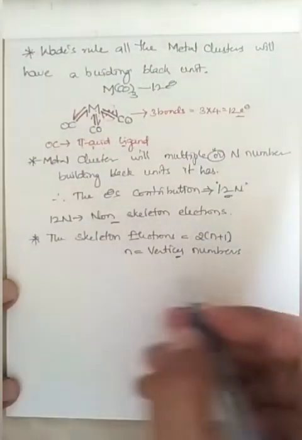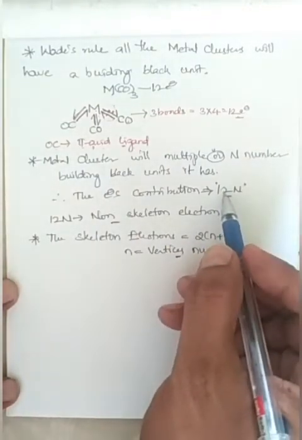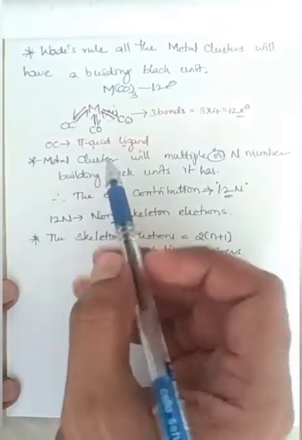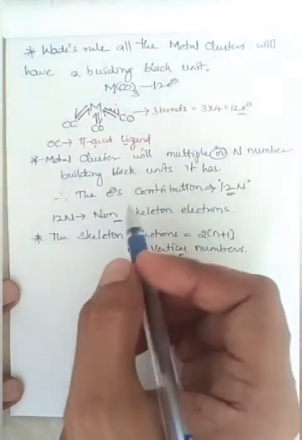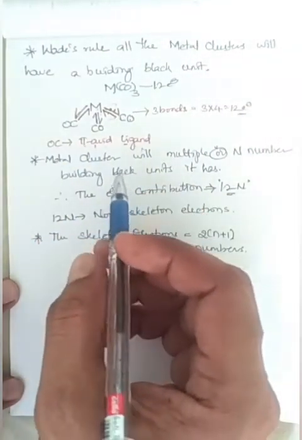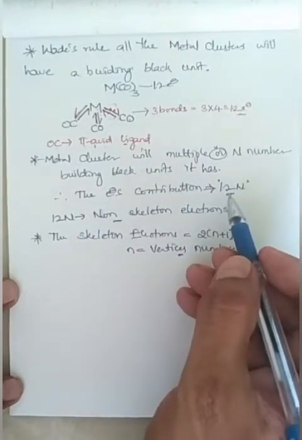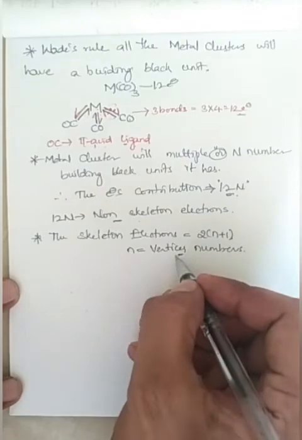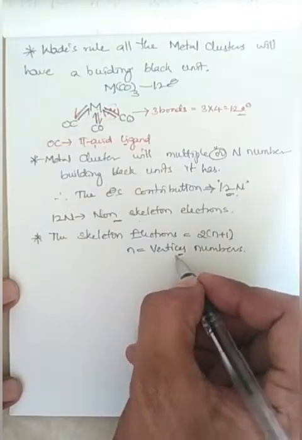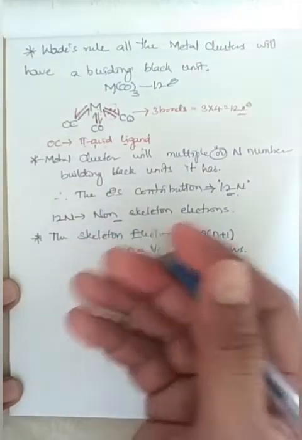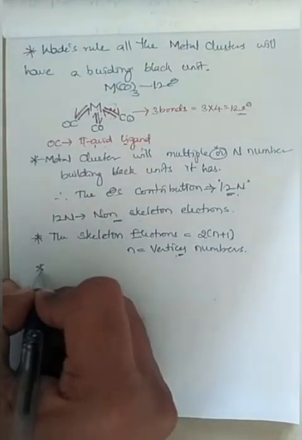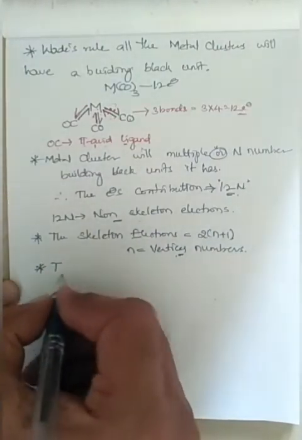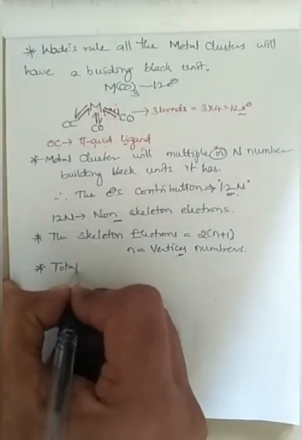For a metal cluster, by looking into the structure or the metal cluster formula, we can easily count the non-skeletal electrons, right? Whereas to get the skeletal electrons, which define the structure, we have to go for the next step, which can be drawn or collected from the total electron count, right?